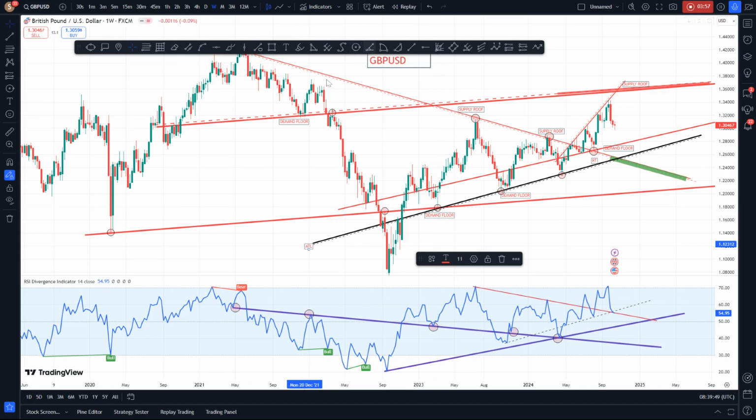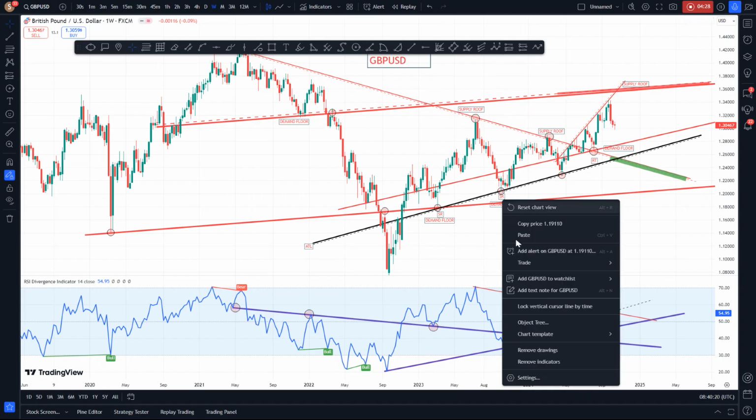So I will call it SR: support becomes resistance on break of structure, and it's also on the demand floor. So when price returned to the same line, it got respected, making it a psychological ascending trend line on the demand floor.